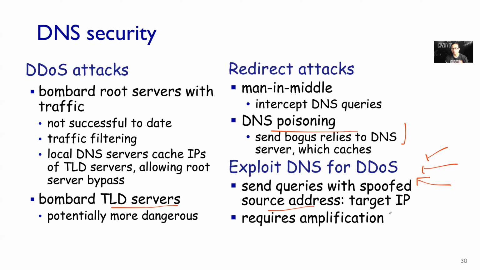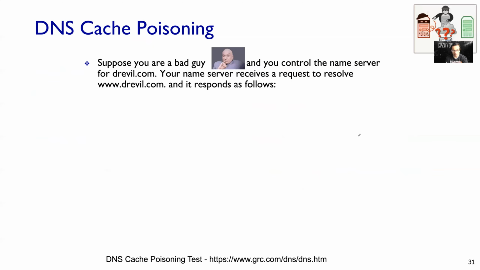This is what's called a Smurf attack or an amplification attack, where you're targeting a particular victim by sending a lot of fake queries claiming to come from their IP address, and then they get all these responses back. So there are certain security issues around DNS, and there are certainly standards to get around that. There's a whole layer of security that's overlaid on top of DNS, which addresses that. But we'll leave it at that.